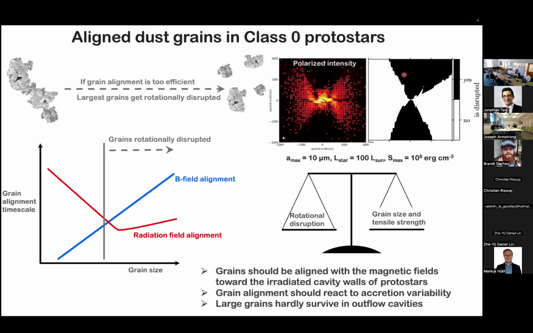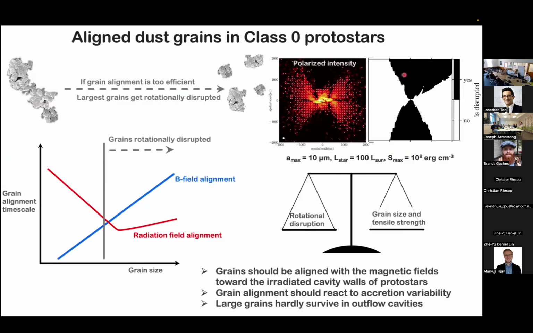So basically, this means that if large grains are ejected in outflow cavities, they will likely not survive because they would get rotationally disrupted. This also suggests that large dust grains are formed in the envelope and in the disk, but they're not ejected backwards into the envelope via outflow cavities.